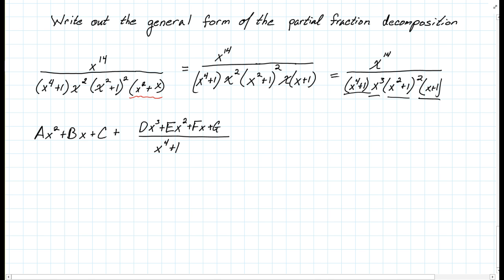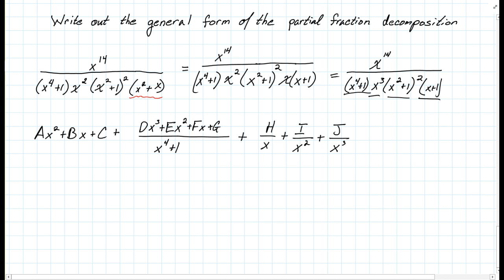And now that x cubed term, it's raised to the 3rd, so its multiplicity is 3. So we'll end up with h over x plus i over x squared plus j over x cubed.